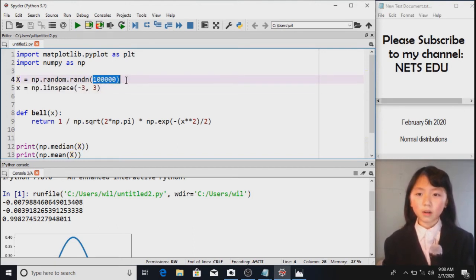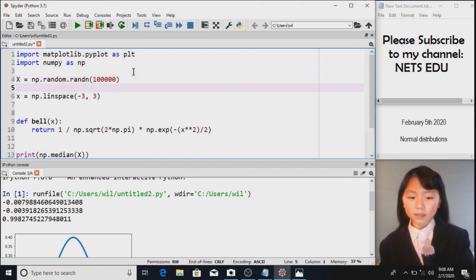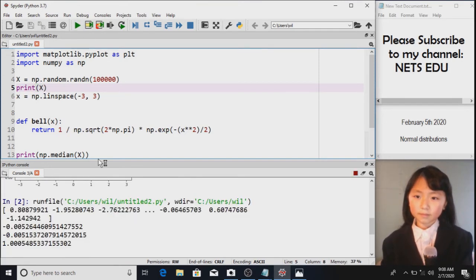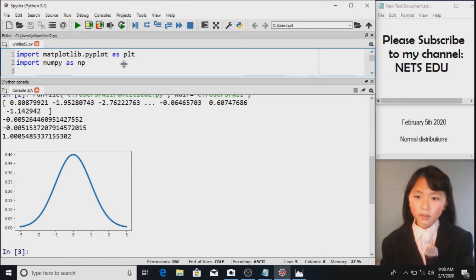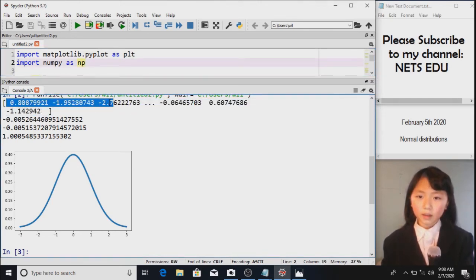This will return a list. This will return a sample from the standard normal distribution. So if I print this, this would be a very long list containing 100,000 numbers.